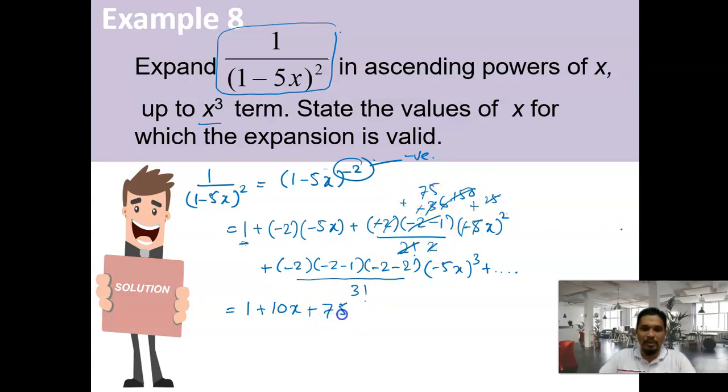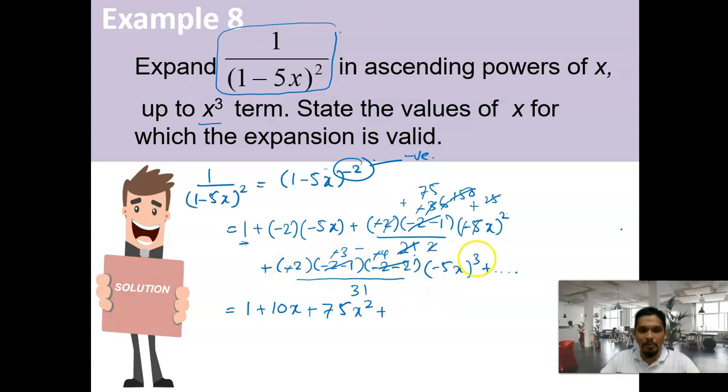So we got 75x squared, plus negative 2 times (negative 2 minus 1) which is negative 3, times (negative 2 minus 2) which is negative 4. Negative times negative is positive, positive multiplied with negative is negative.